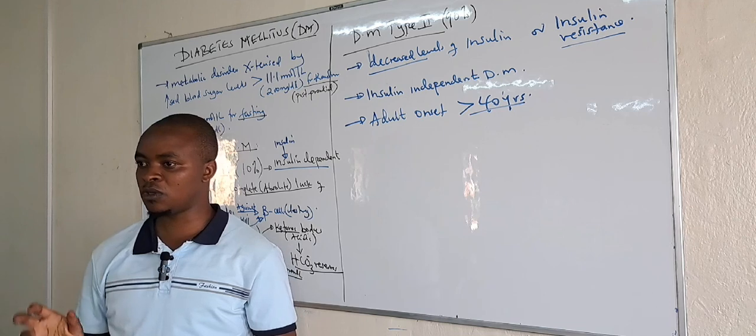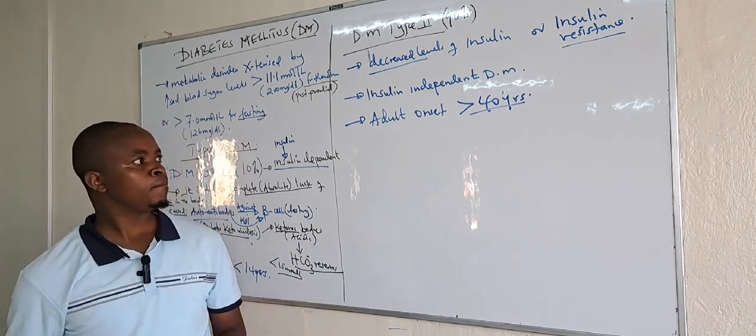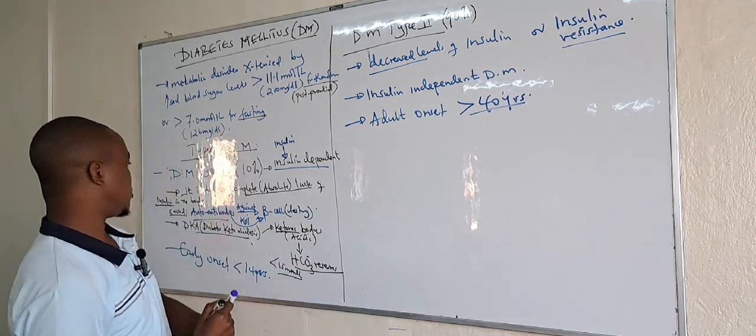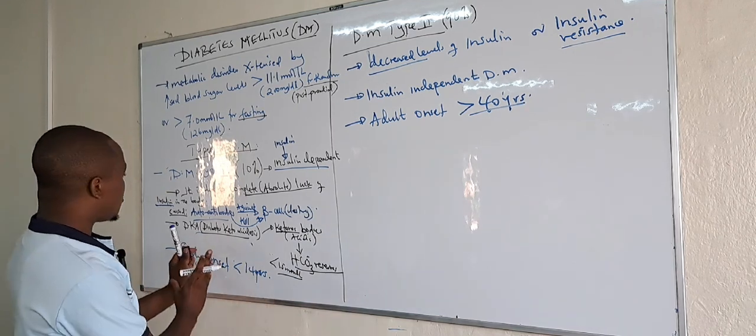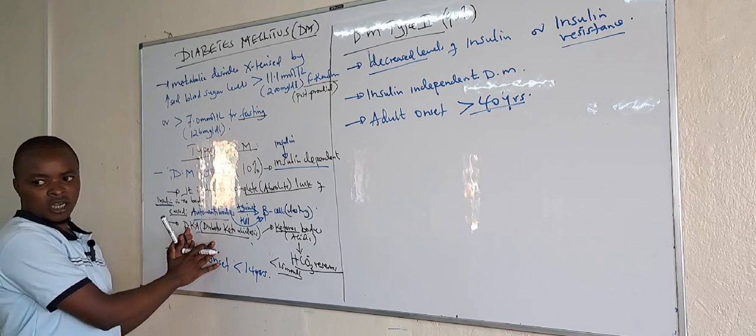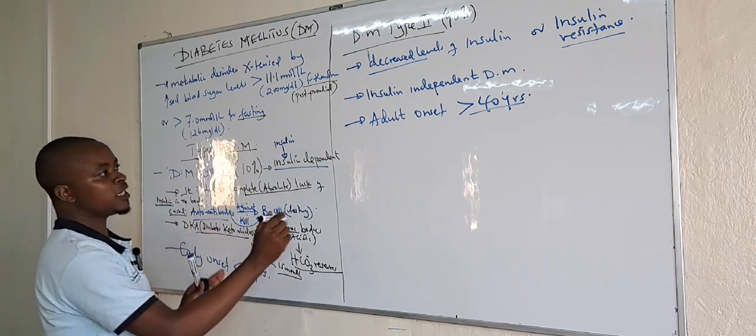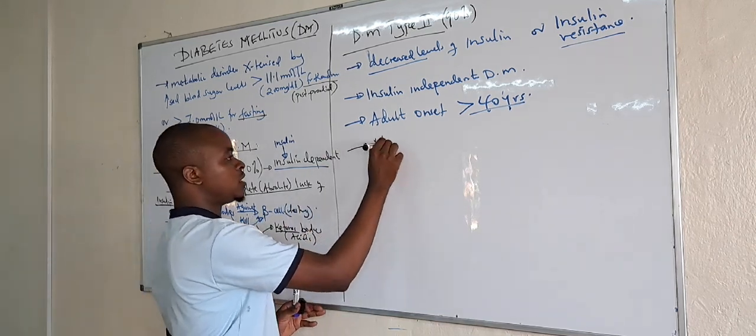It is adult onset. Then another thing I can tell you about type 1 and type 2: in type 1, there is diabetic ketoacidosis, isn't it? In type 2, there is no DKA.